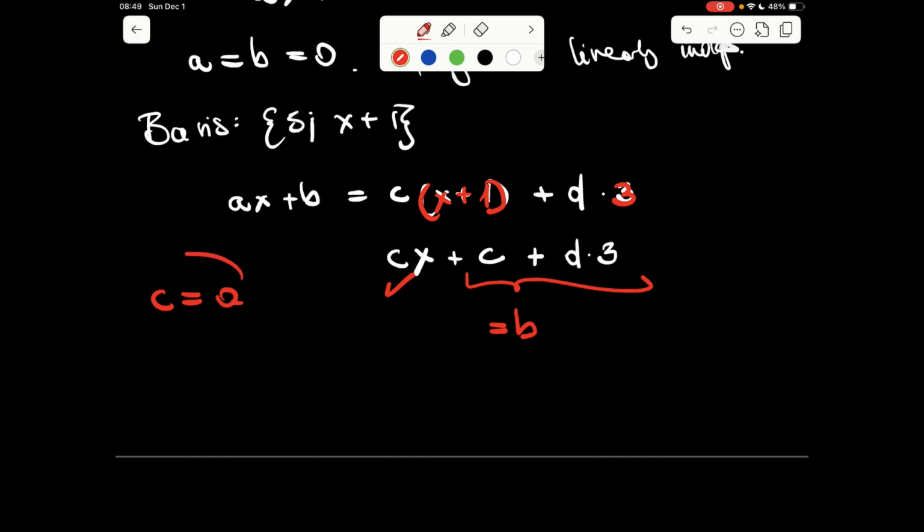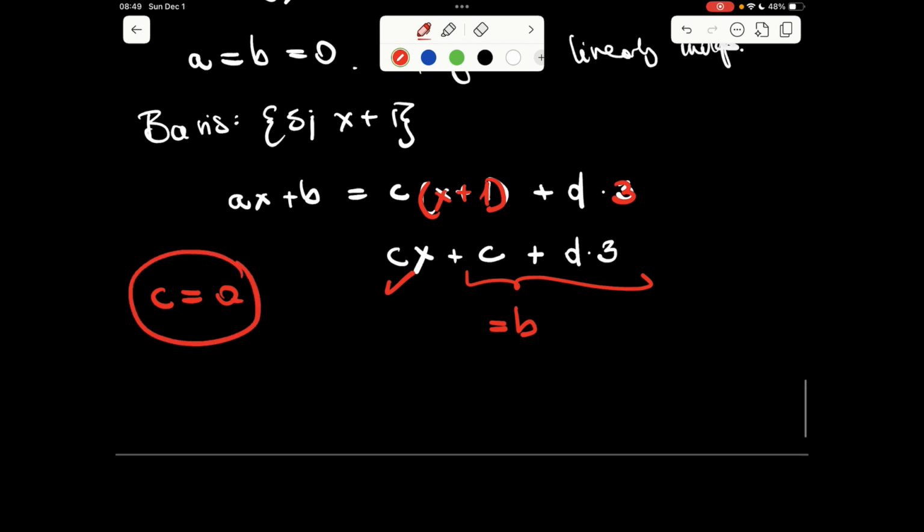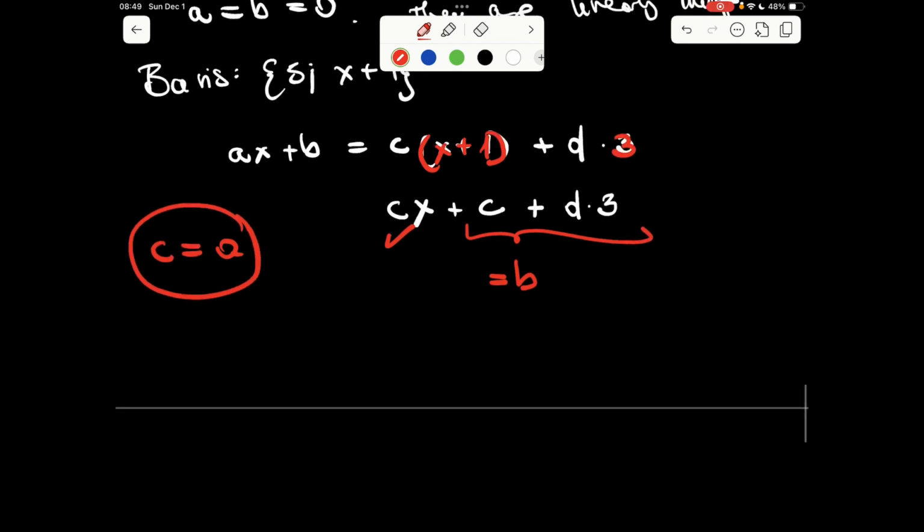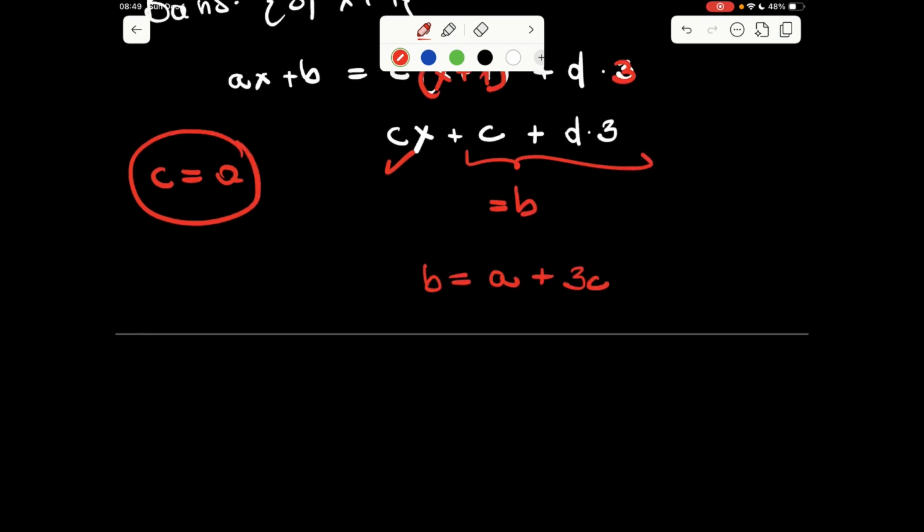So we use this fact, we use this result. What we need to solve is b equaling a plus 3 times c. B is given. So actually, we are looking for a.